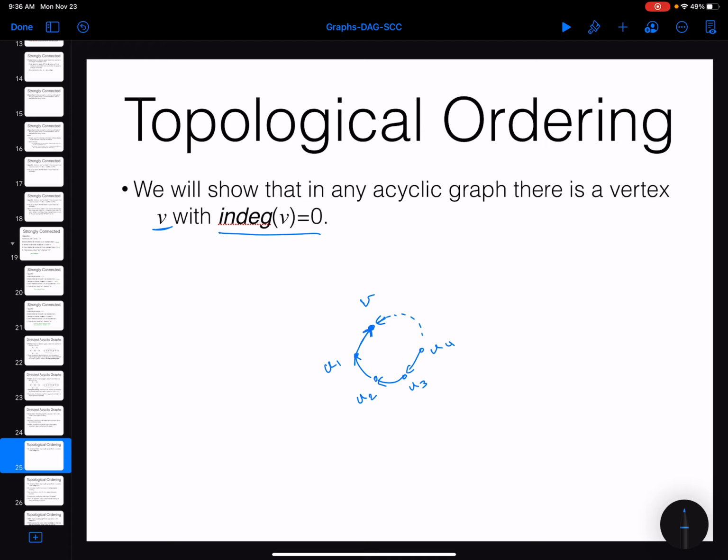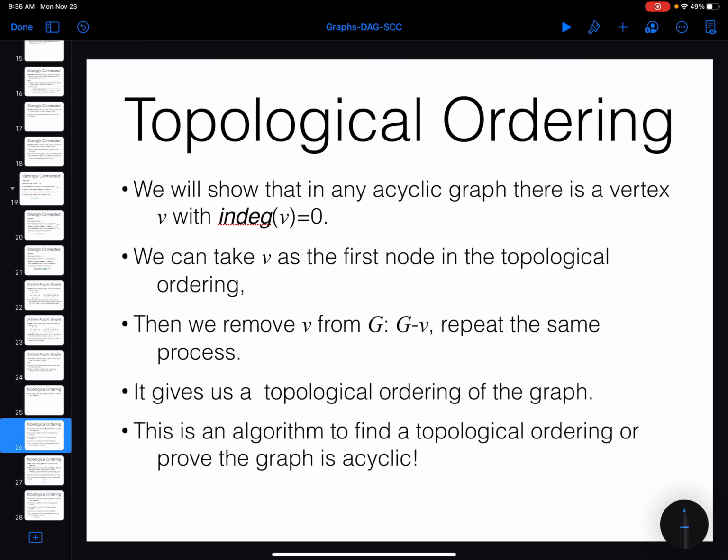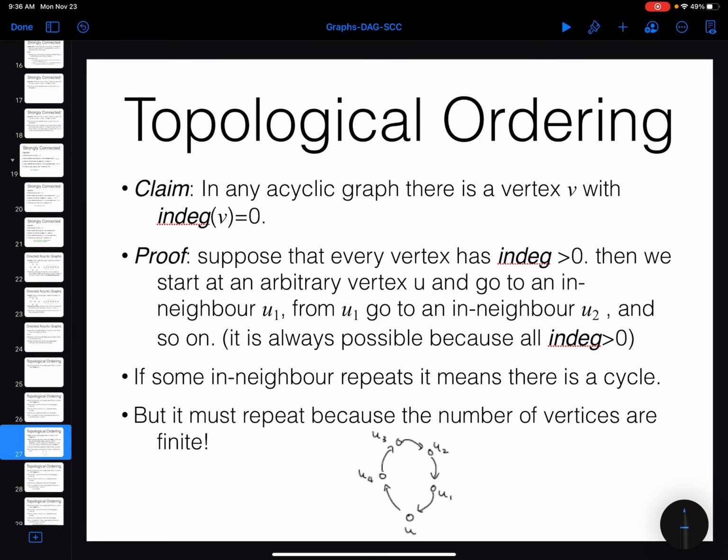So the graph is not going to be acyclic. This is a contradiction, right? The full proof, you can just write it verbally. And this is going to be the proof that definitely if your graph is acyclic, there is at least one node with in-degree 0.